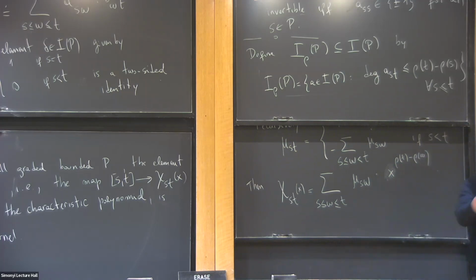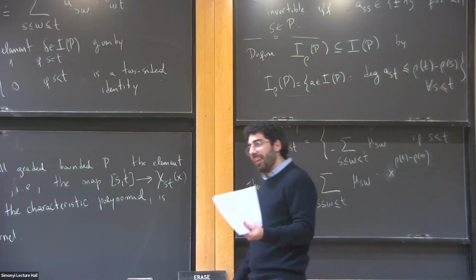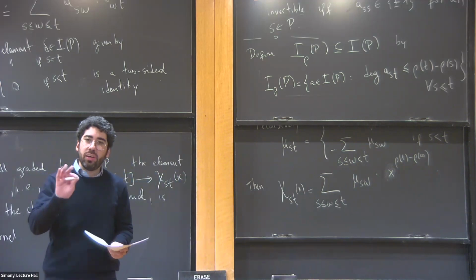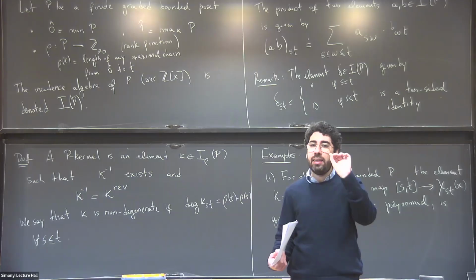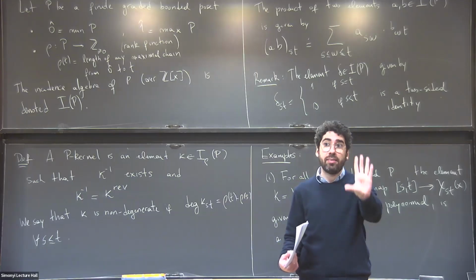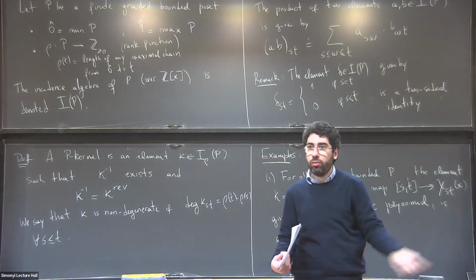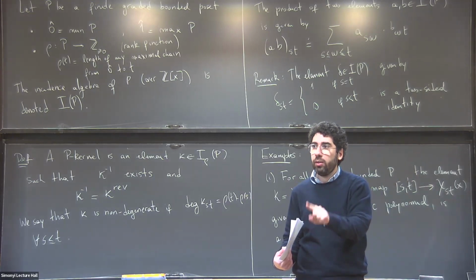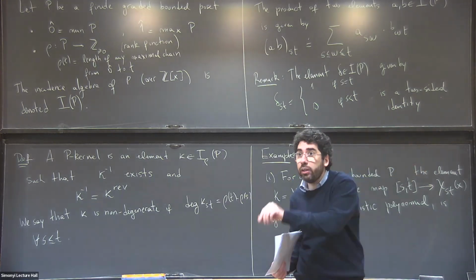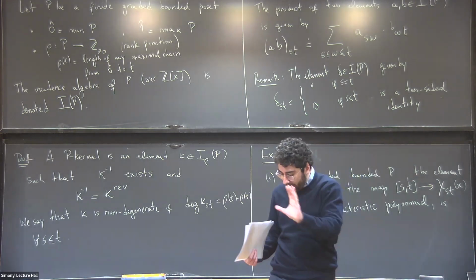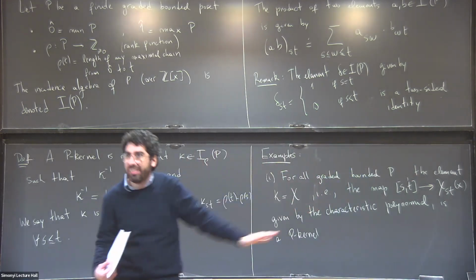So, thinking of mu in the incidence algebra, it is the inverse of the function which takes every interval to 1. That's right. That's the fancy way of defining it. Let me reformulate what Alan said. Take the element zeta in the incidence algebra given by all ones, so every interval has a 1. Well, that's an invertible element because of this condition that I wrote here, because in the diagonal of my matrix I see 1s. So this element zeta has an inverse, and mu is precisely the inverse of zeta.